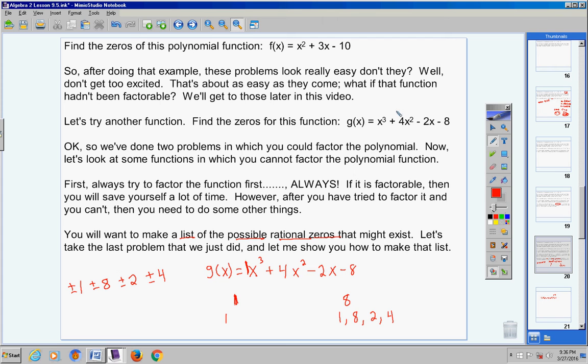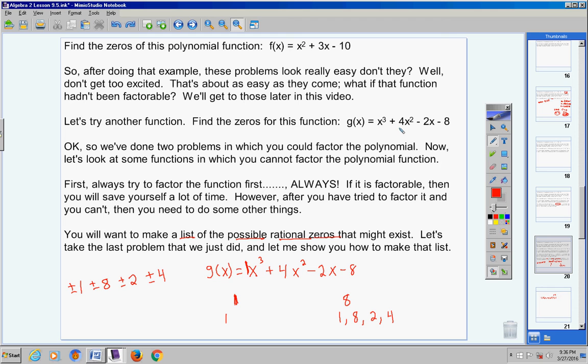Now, see this function right here? Listen to me carefully. Any rational zero that exists will be in this list right here. Now, obviously, there's 8 of these: 1, 2, 3, 4, 5, 6, 7, 8. Obviously, all 8 of these numbers are not zeros for this function.